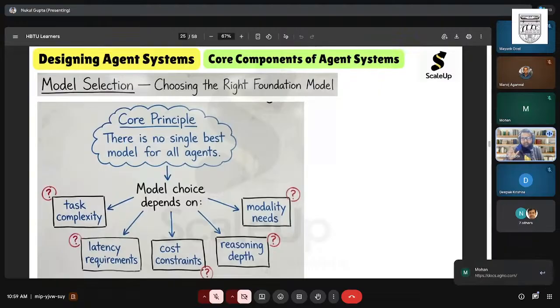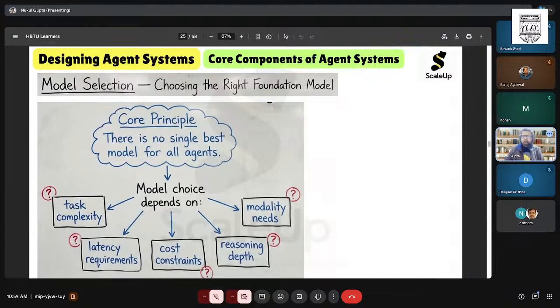The core principle is that there is no single best model for all agents. It depends on the requirement. Model choice depends on task complexity. If you don't need complex reasoning, choose an SLM or a simple model, and you will save cost.